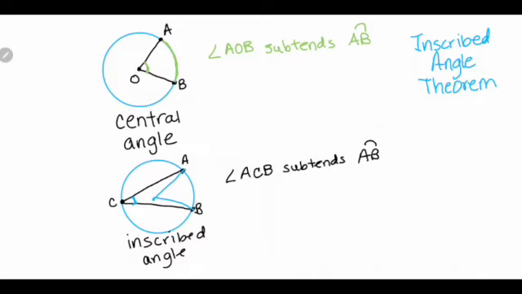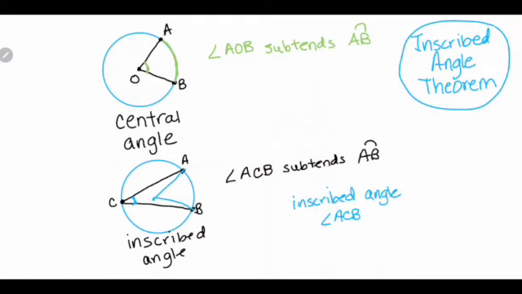So if these are literally the exact same circles and A and B are at the exact same point, I would then be able to say, using the Inscribed Angle Theorem, that the inscribed angle, which is angle ACB, is 1/2 the measure of the central angle that subtends the same arc. In this case, angle AOB.